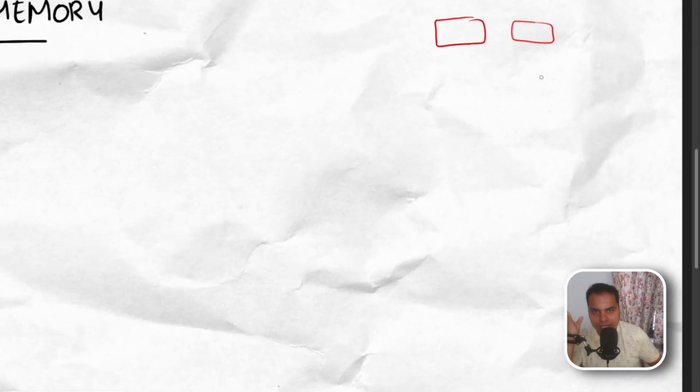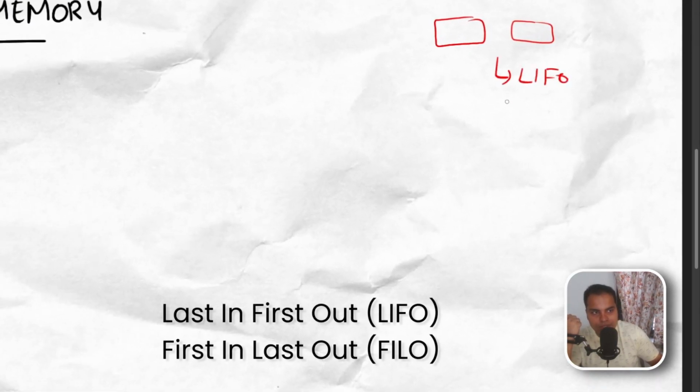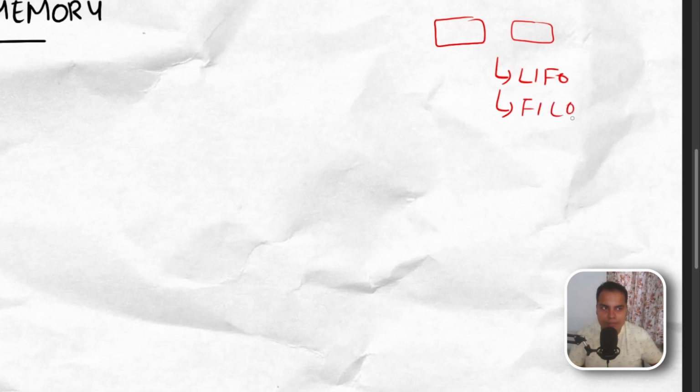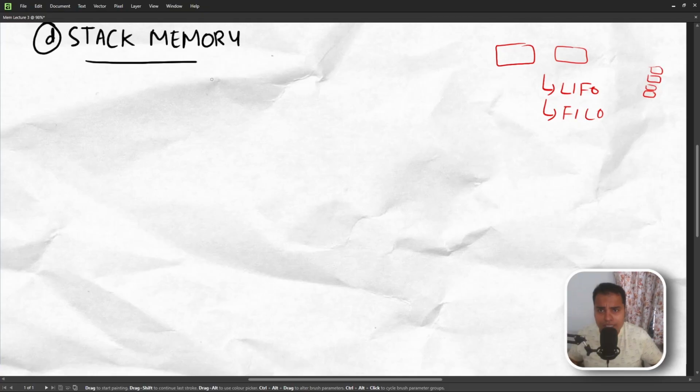If I want to explain it, stack memory works with the last in first out or the first in last out way of accessing memory. Okay, it's a stack. So basically, everything is like connected like this, and then not physically in the memory, but just for visual representation, the last memory that is added will be the first memory that is collected. So it is really useful. Okay, it is really fast. So that's how stack memory works.